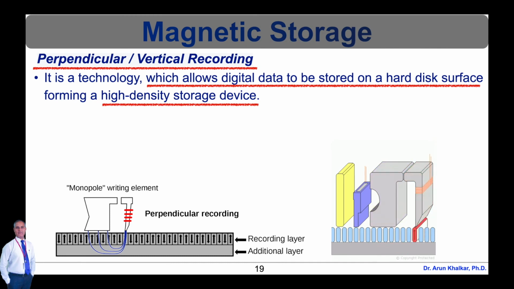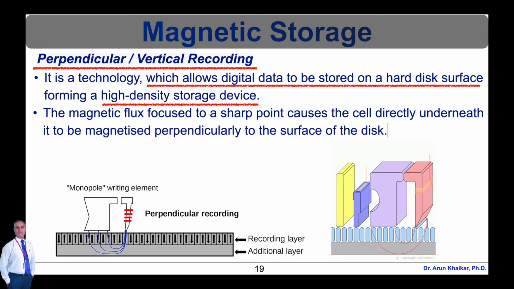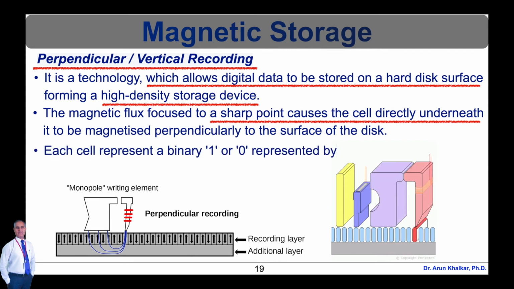An energized coil produces a magnetic field shown here in red. The magnetic flux focused to a sharp point causes the cell directly underneath it to be magnetized perpendicularly to the surface of the disk.